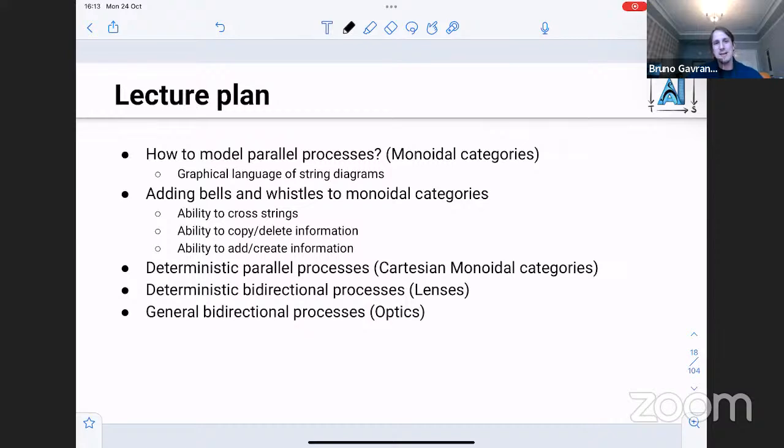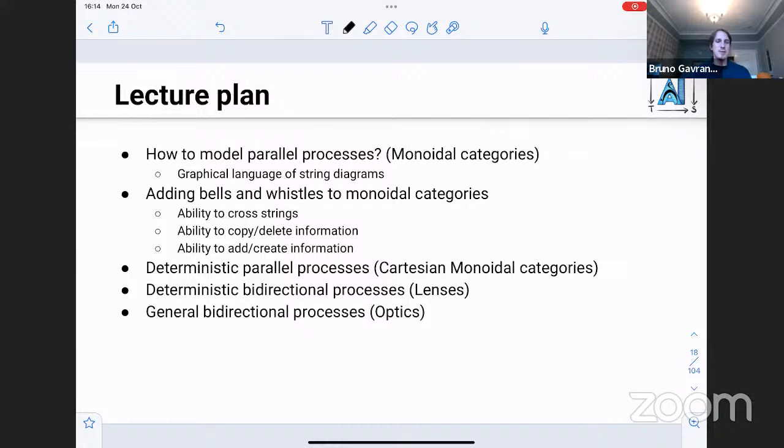Since this is quite a bare bones structure, we're going to then talk about how to add bells and whistles to these monoidal categories: the ability to copy information, delete information, sum it up, cross strings, and we will see that this is reminiscent of interfaces that we have in software engineering, where we specify upfront what kind of interactions are possible to have for a given object.